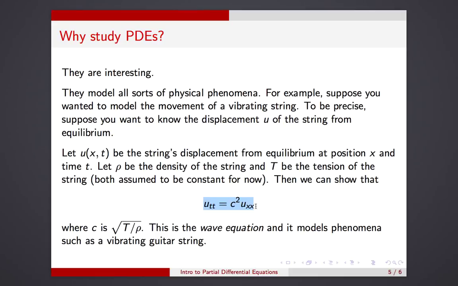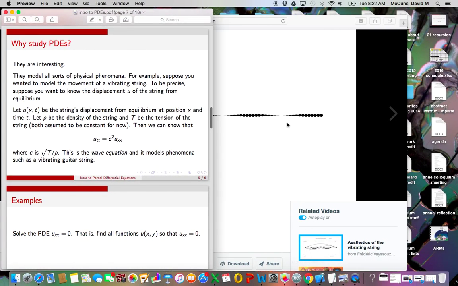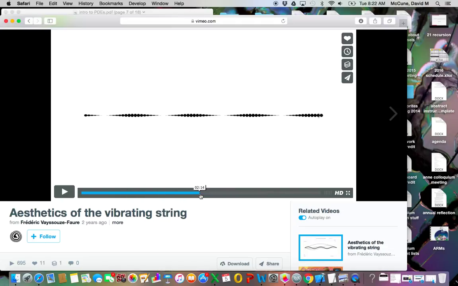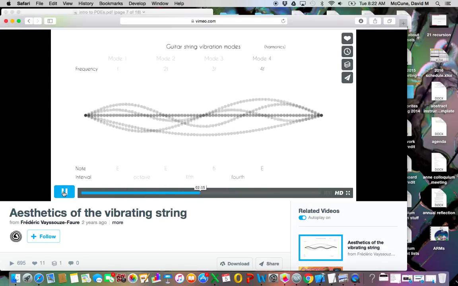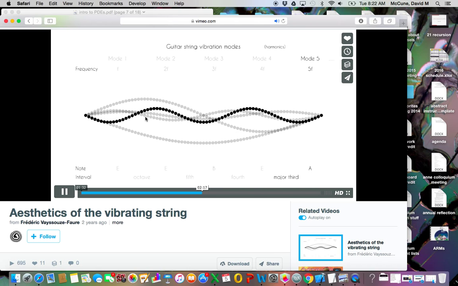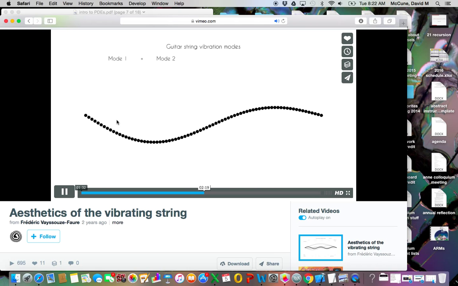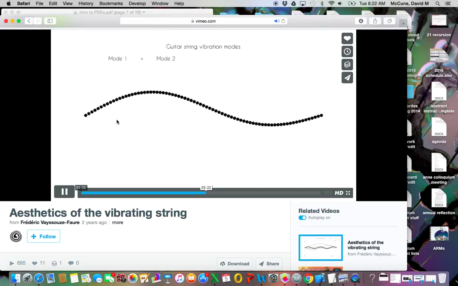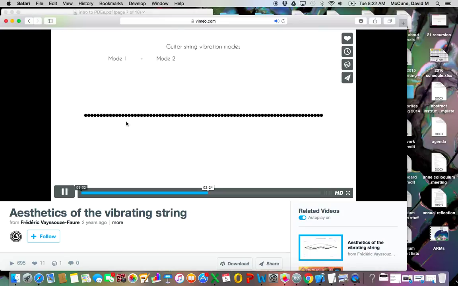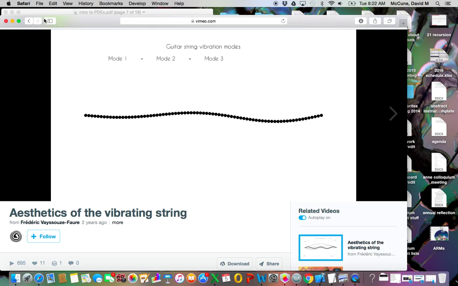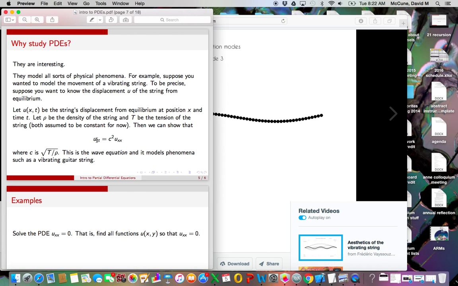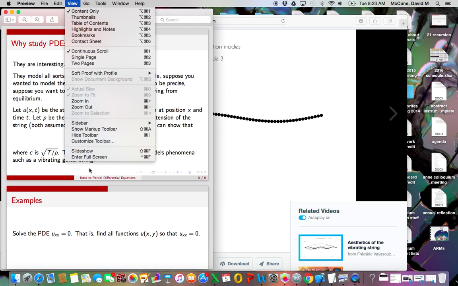But once you know some sort of initial data, and you want to then know the displacement of the string, you would have to solve this PDE to get that string displacement. So u itself is actually what the string is. It's actually giving you the movement of the string. So if you want to know where these black dots are at a particular time relative to the x-axis, you've got to solve this equation.